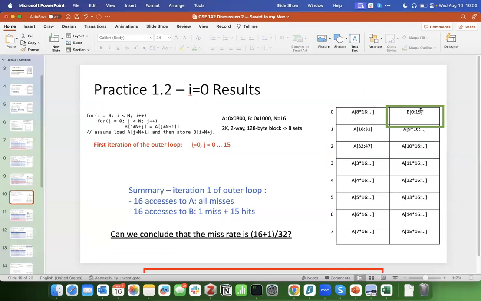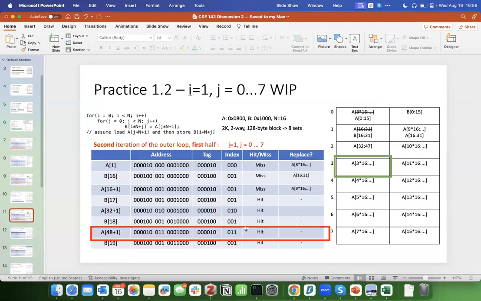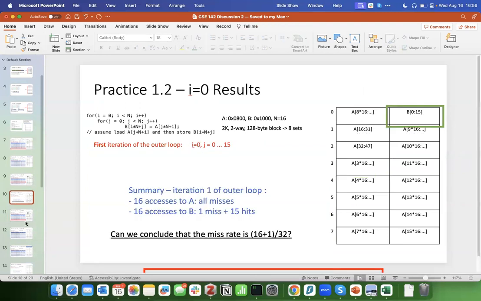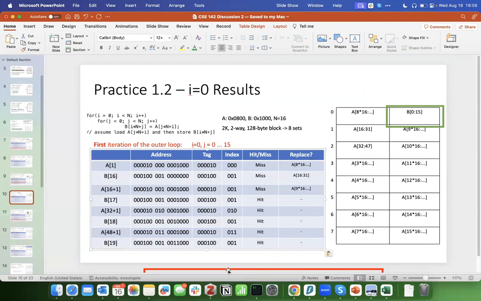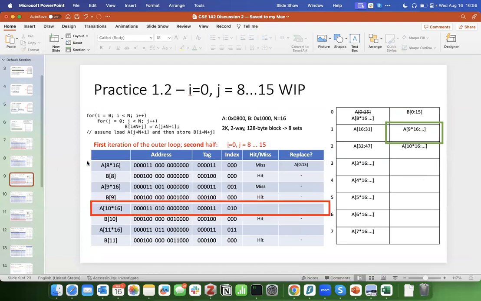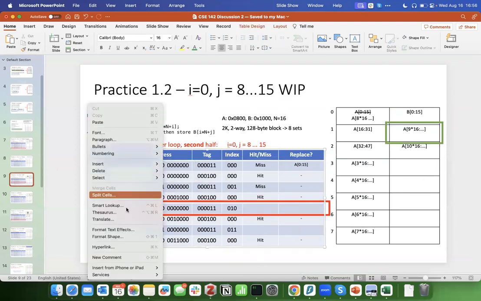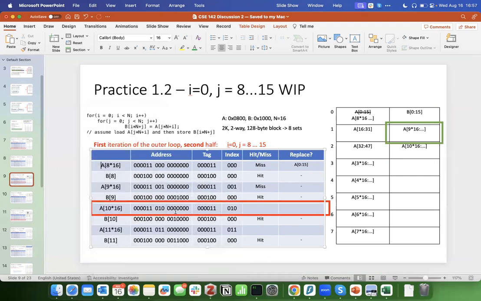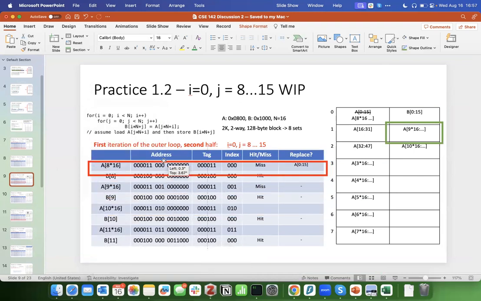I have everything but A 0 to 15, because that space is taken by B. And then the first access in the next iteration, the first access in the second iteration, is A1, right?